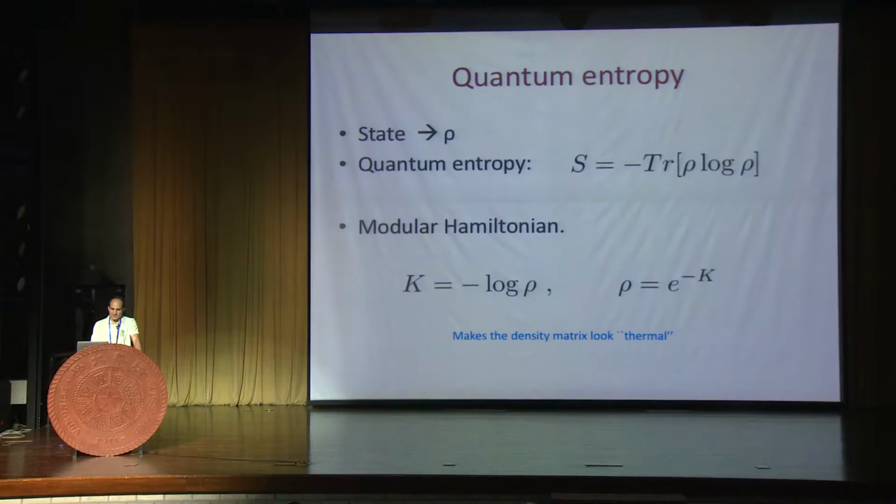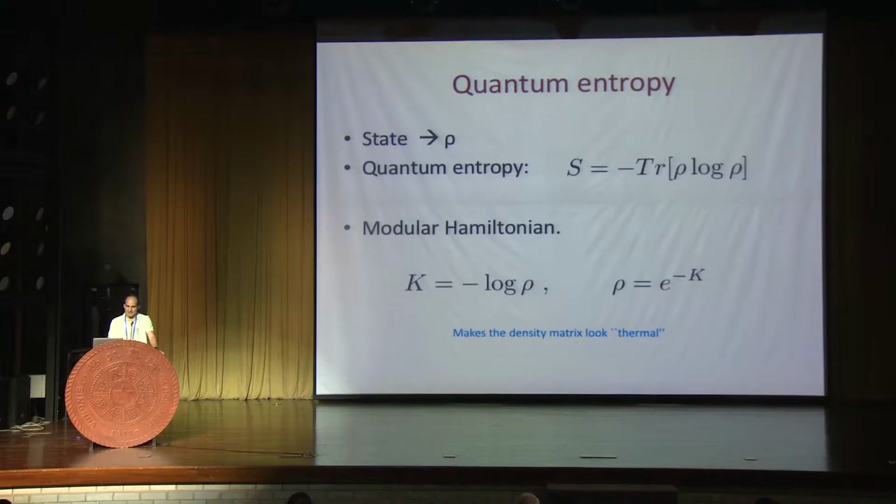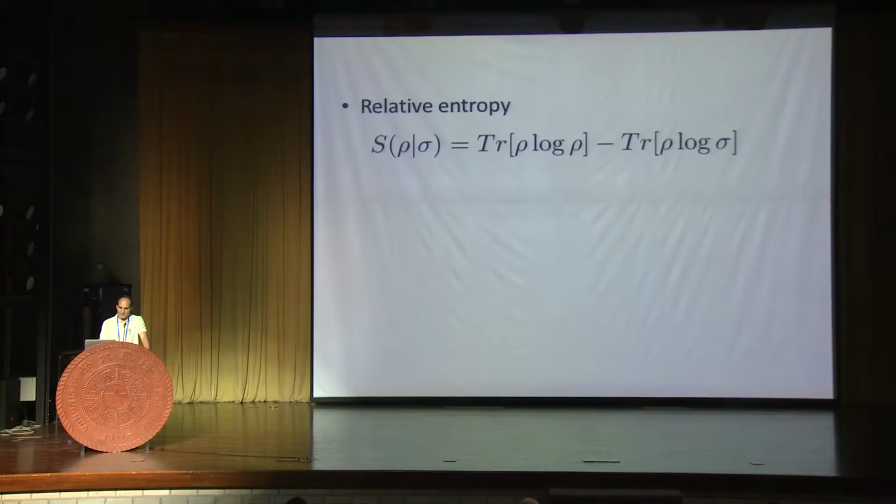The reason for introducing this quantity is that in terms of this quantity, the density matrix looks thermal. So it looks like a thermal density matrix with temperature 1. It's mainly useful when you are comparing two density matrices.